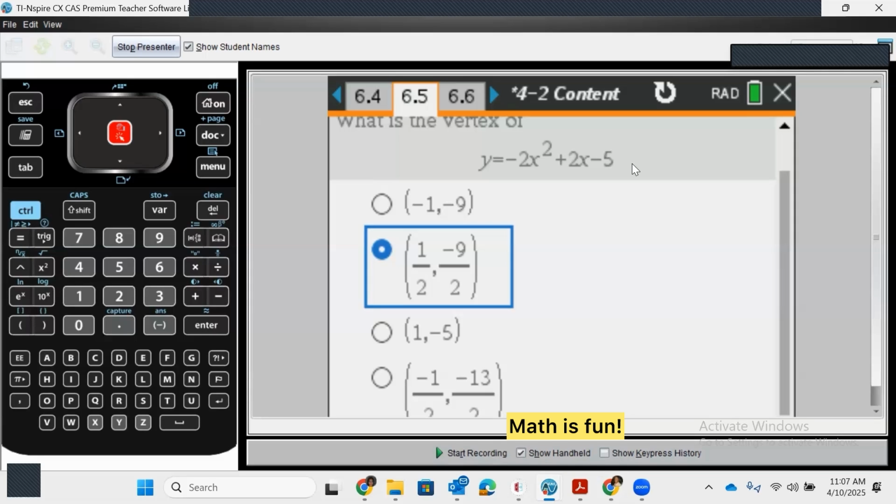There you go. What is it? So what, negative 5 now? Be careful with that, right? Yeah, that's right.